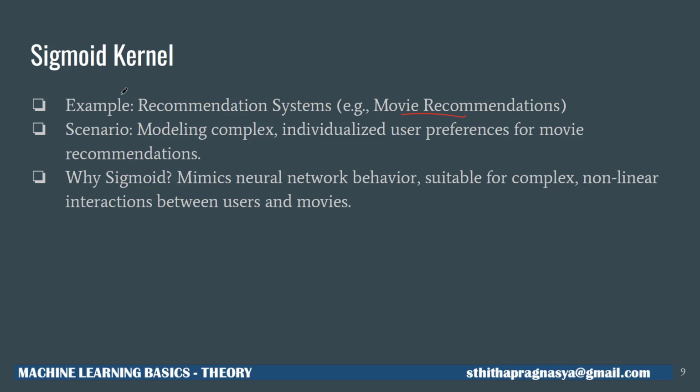The sigmoid kernel is similar to the activation function used in artificial neural networks, making it suitable for problems where the relationship between inputs and output resembles a multi-layer neural network. It can be used when you want to mimic the behavior of a neural network in an SVM context, especially when the data has a structure that suggests such interactions.